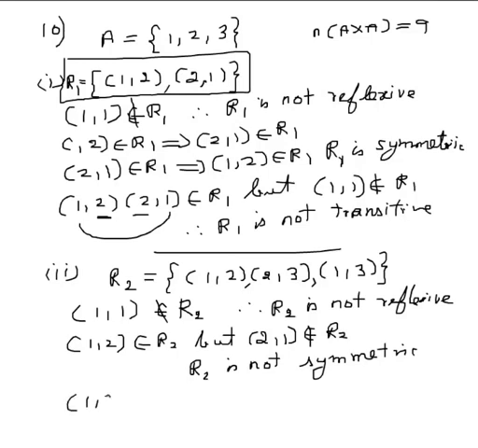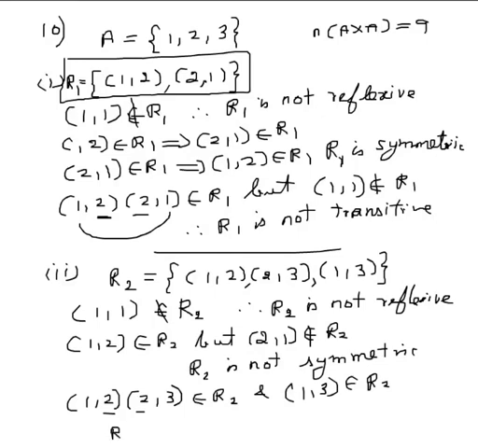Okay, let us check the transitive condition 1, 2, 2, 3. They belong to R2. And look for 1, 3. Check. Yeah, 1, 3 is also there in R2. Therefore, check the other elements. 2, 3, 3, starting with 3, we don't have other elements satisfying A, B, B, C condition.